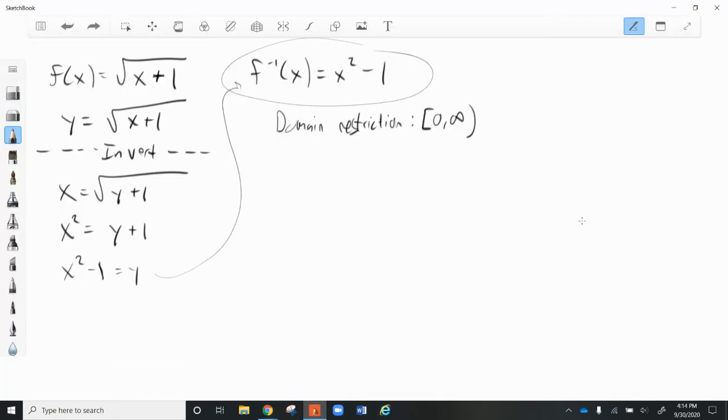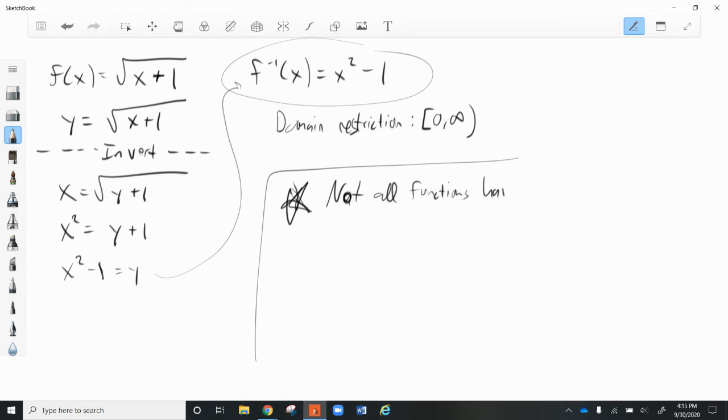So the final takeaway here, besides the thing about reflecting, is that not all functions have inverses. Only one-to-one functions are invertible.